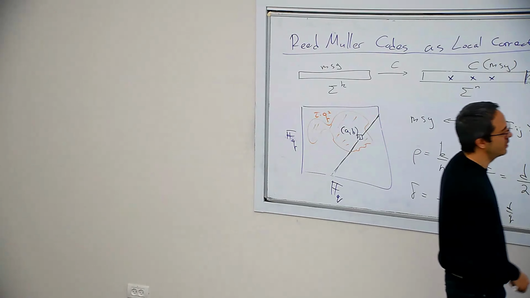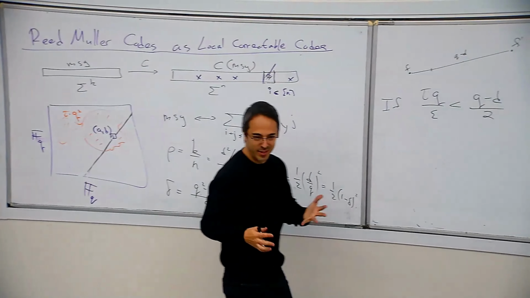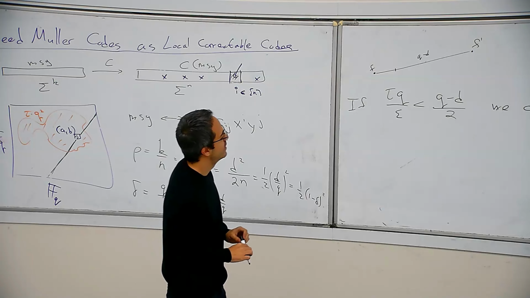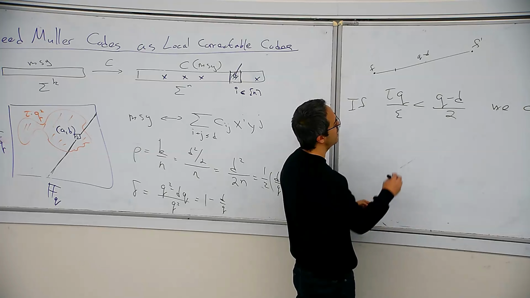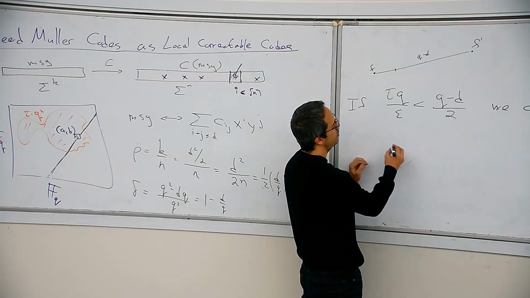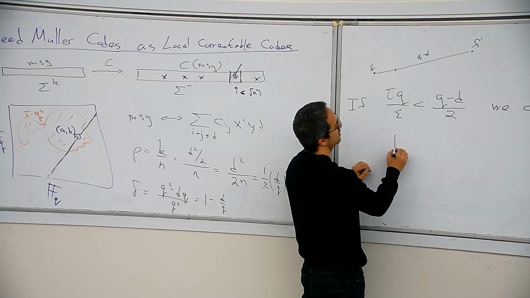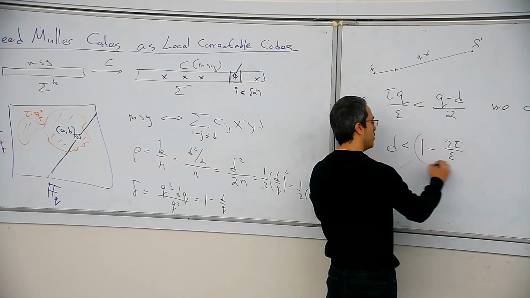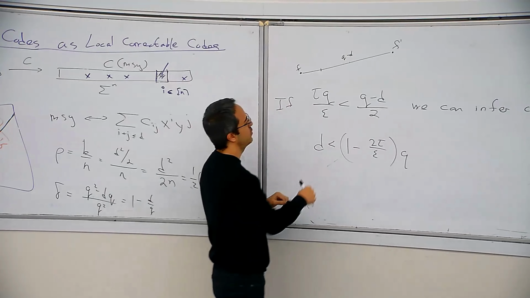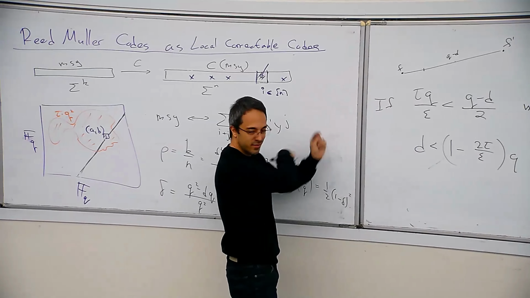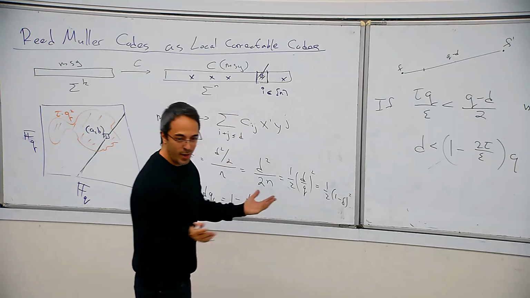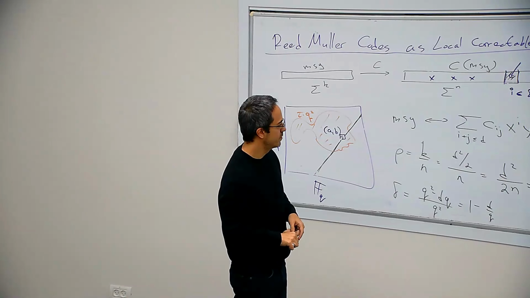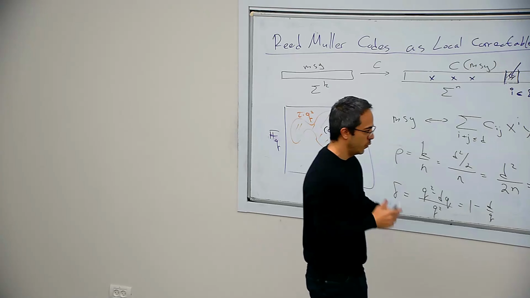There are good ways to decode Reed-Solomon, of course, otherwise it would have been such a problem. Good. So let's just do the calculation. It means that as long as D is at most 1 minus 2 tau over epsilon times Q, we are happy. We're able to decode.